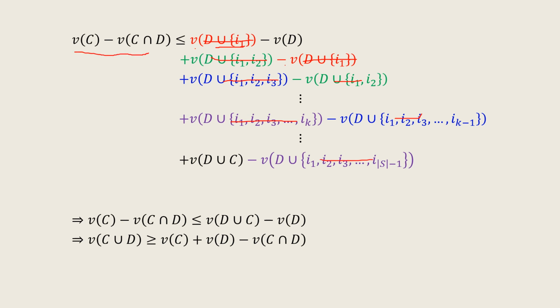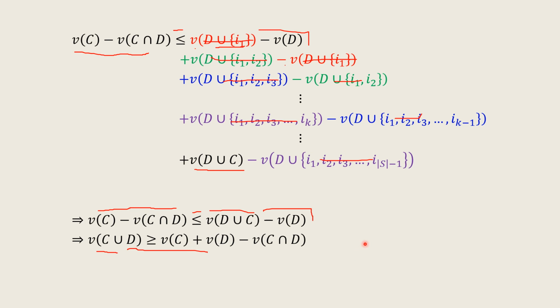V(C) minus V(C intersection D) is less than or equal to V(D union C) minus V(D). Whence, rearranging terms, I get this expression: V(C union D) is greater than or equal to V(C) plus V(D) minus V(C intersection D).